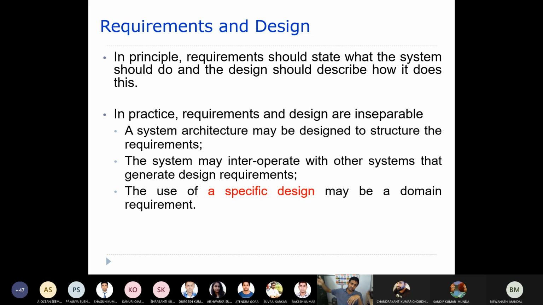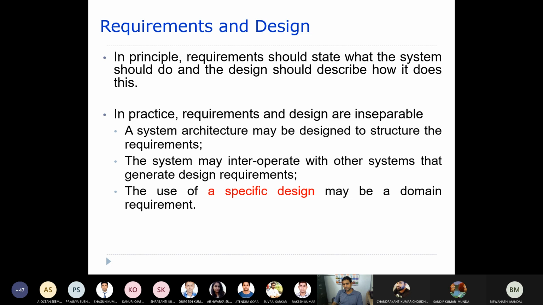That particular system may have some design requirements. So maybe you have a requirement here, as well as some design requirements with the other system also. So you need to think of both hand in hand.